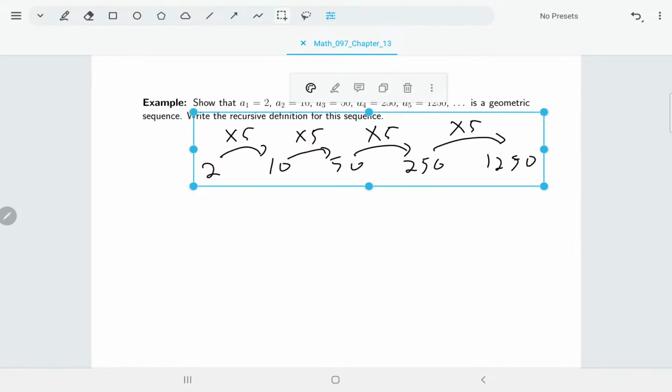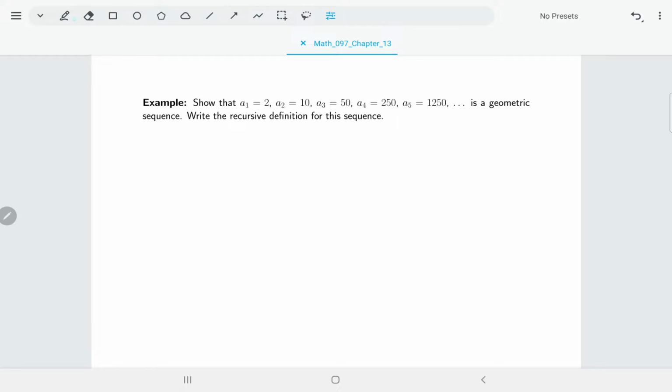So that means that the common ratio here is 5, and we know that the first term is 2. So if we wanted a recursive definition, then we'd say if you want term n, then you'll find that by taking the previous term, term n minus 1, and multiplying it by that common ratio of 5.